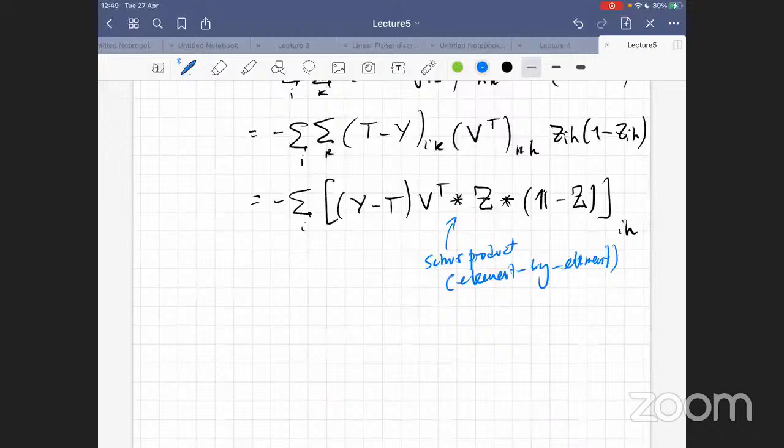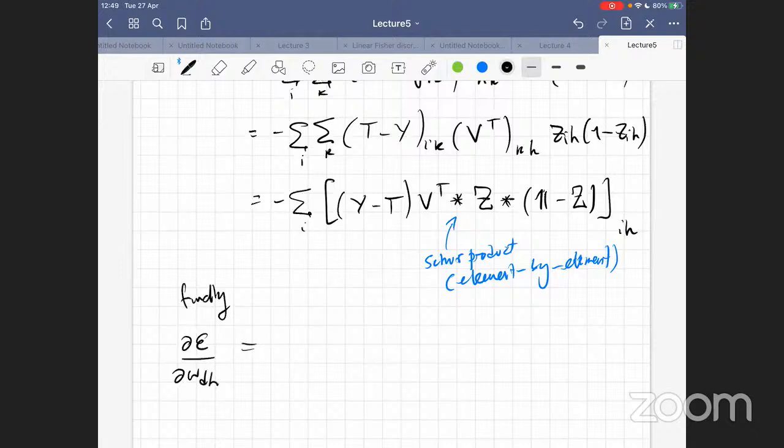And finally, the only thing that is left is the derivative with respect to the matrix that multiplies the input.